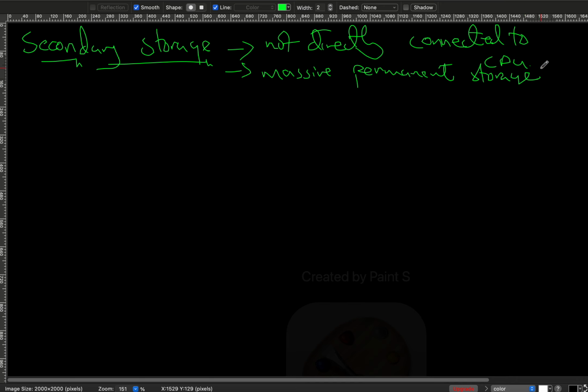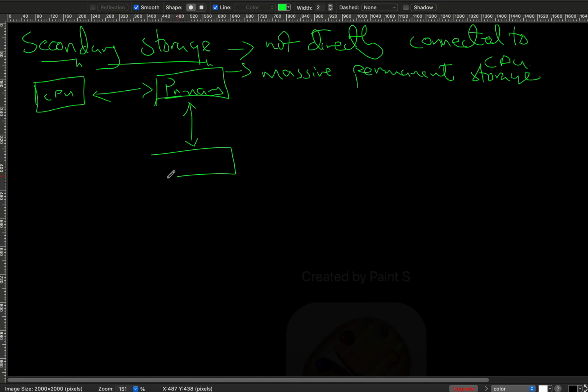So, by definition, it is not directly connected to the CPU. If the CPU is over here, and maybe we have the primary memory over here, the secondary memory is going to be situated somewhere not anywhere close to the CPU as far as connection is concerned.